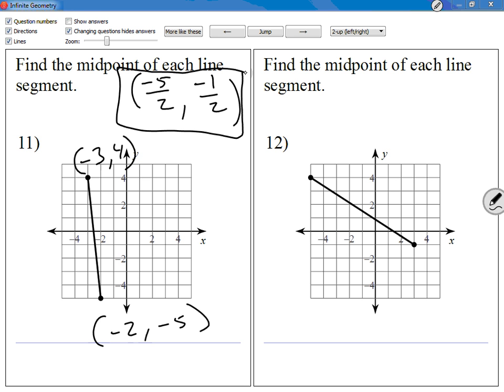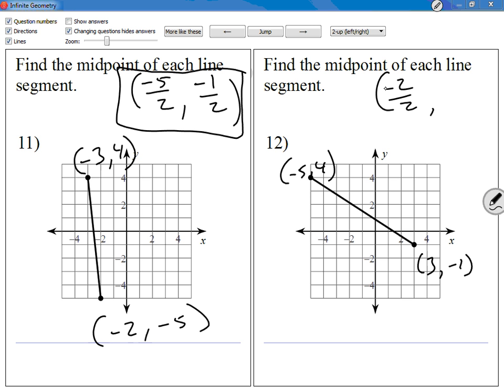Looking at question number 12, my coordinates are negative 5, 4, and 3, negative 1. Now I'm looking at the endpoint. For the x value, how much is negative 5 plus 3? Negative 2. I'm going to write it over 2.